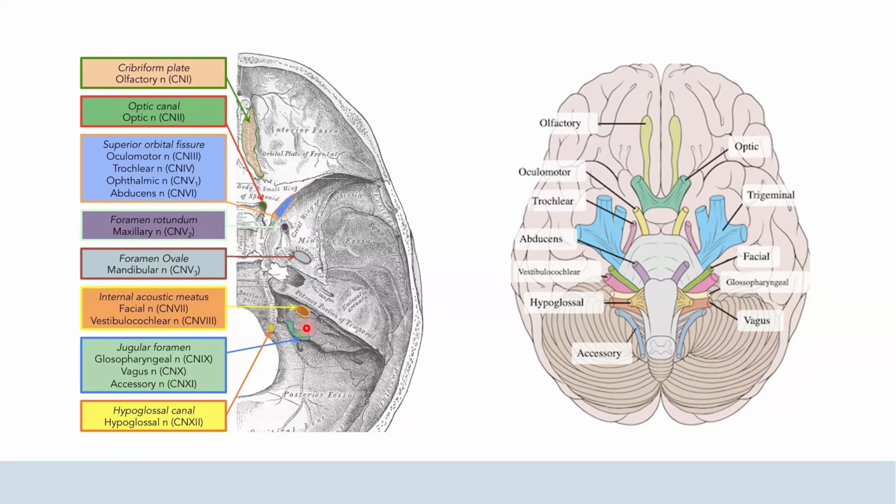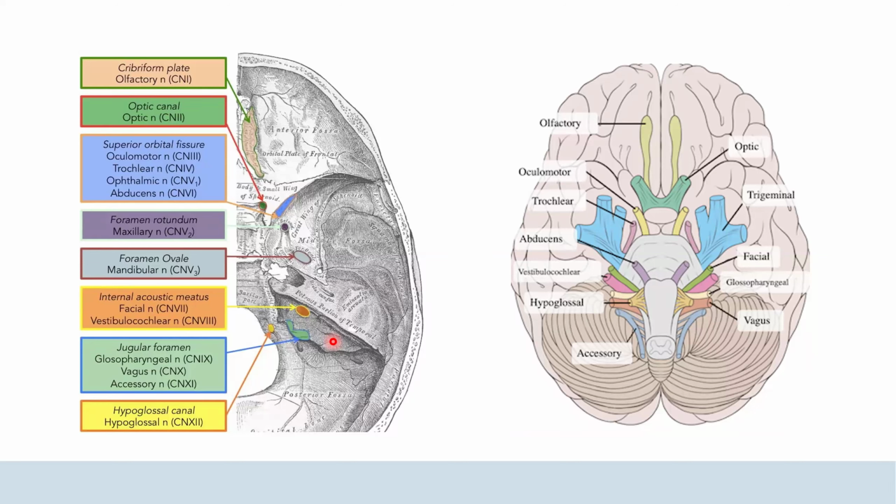Moving posteriorly, we have this jugular foramen that has three of the remaining cranial nerves. So we had 8 already done. We have 9, 10, and 11. The reason for that is the hypoglossal canal is super tiny, and it's called the hypoglossal. So the hypoglossal nerve is like, nah, I don't want to share with anyone. I'm going to go out here on my own.